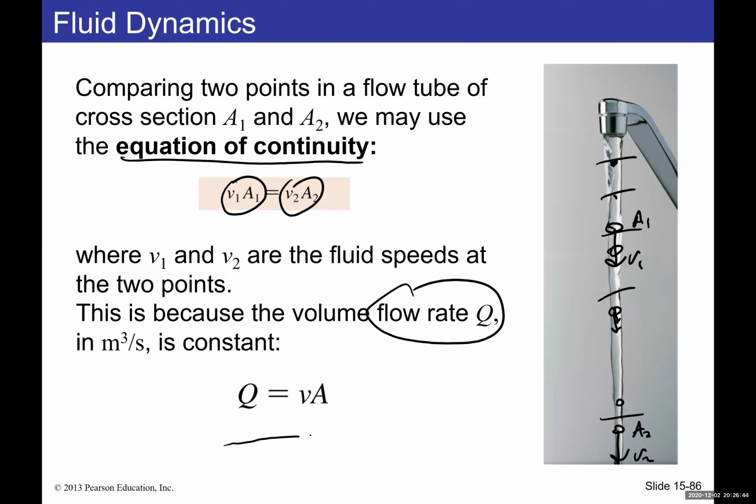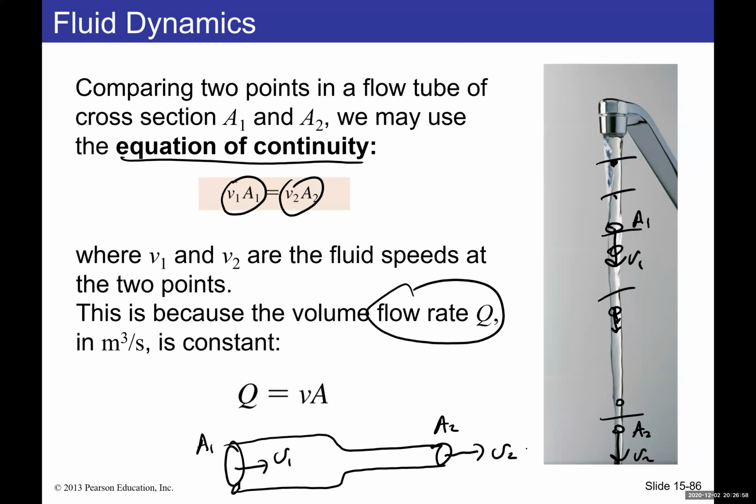So let's say you have a tube that goes like this, and the opening changes like that. So for example, this is A1, this is V1, this is A2, and this is V2. Now, one thing we have is this: flow rate is the same. That means A1 V1 equals A2 V2.